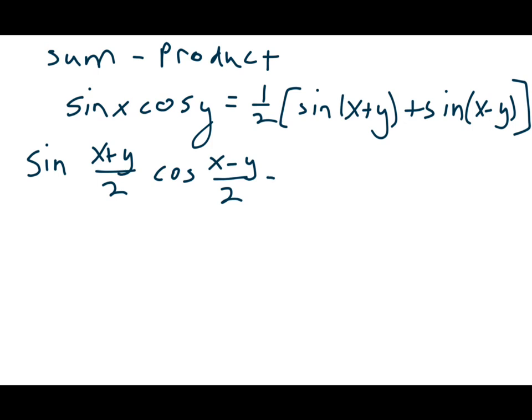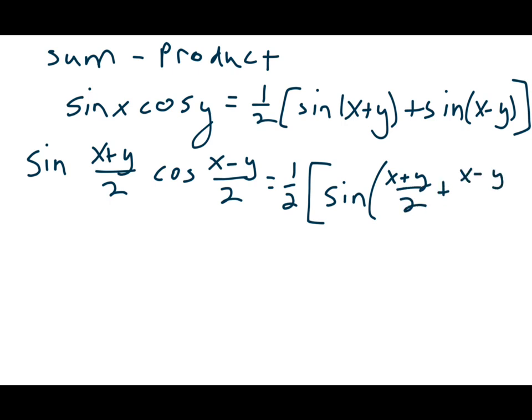If I plug those into this formula over here, I might have to use 2 lines for this. This is going to be sine of x plus y divided by 2 plus x minus y divided by 2, plus sine of x plus y divided by 2 minus x minus y divided by 2.